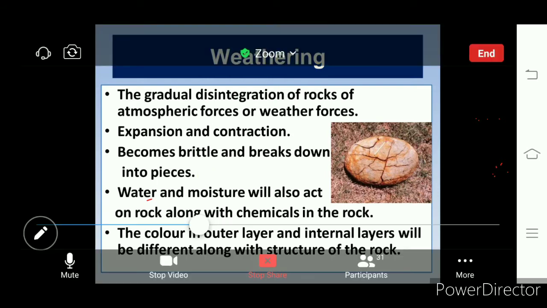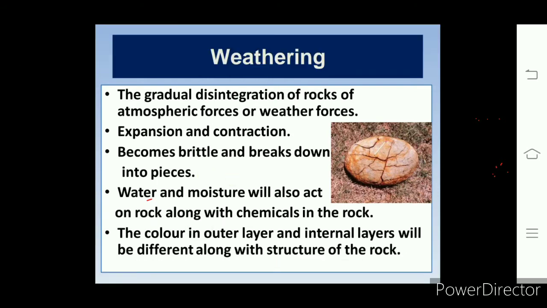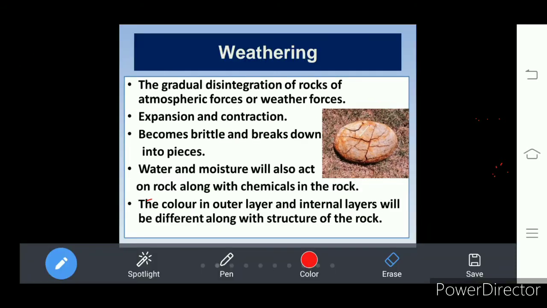Okay, now look at this slide. What do you see here? You will find here a rock. In the figure it is shown. So this rock is exposed to the water and wind. So when it is exposed to water and wind, it expands and contracts.